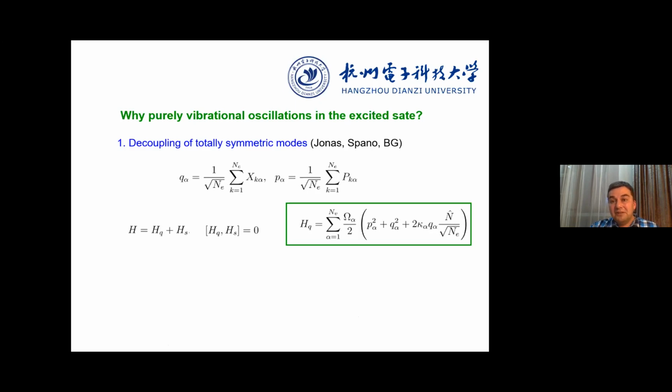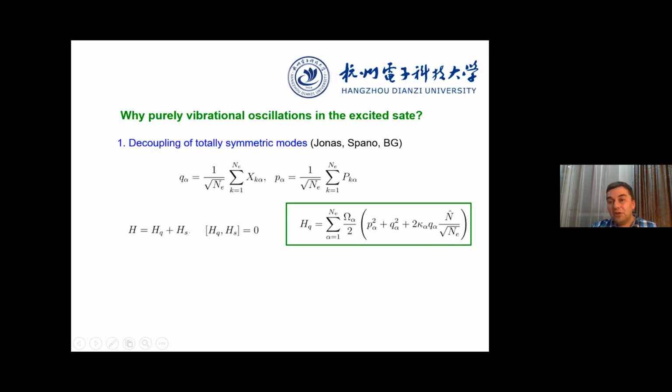So it just behaves like a shifted harmonic oscillator with these electron vibrational couplings renormalized by the number of electronic states in your molecule.